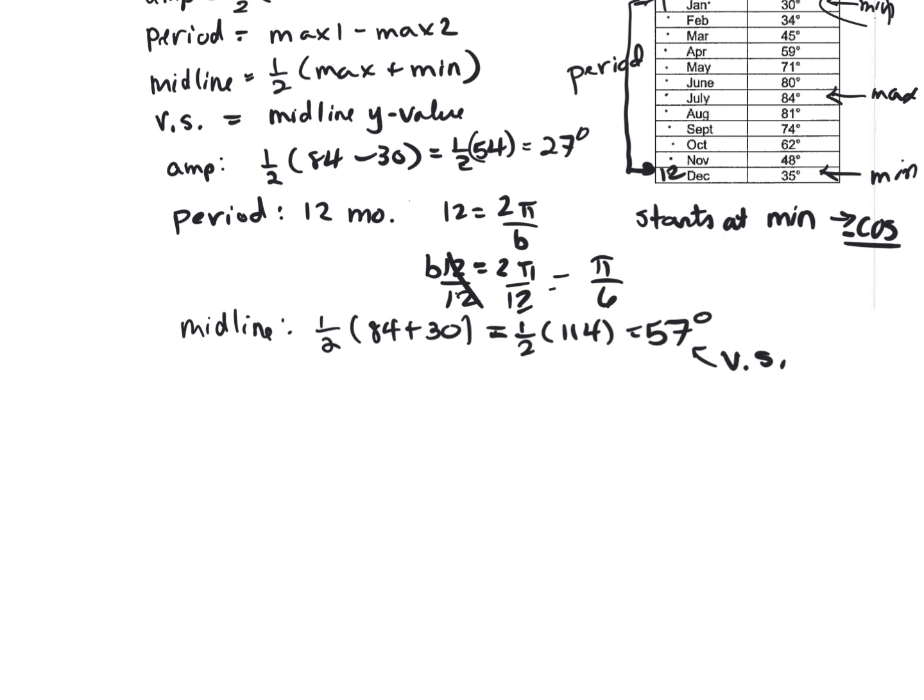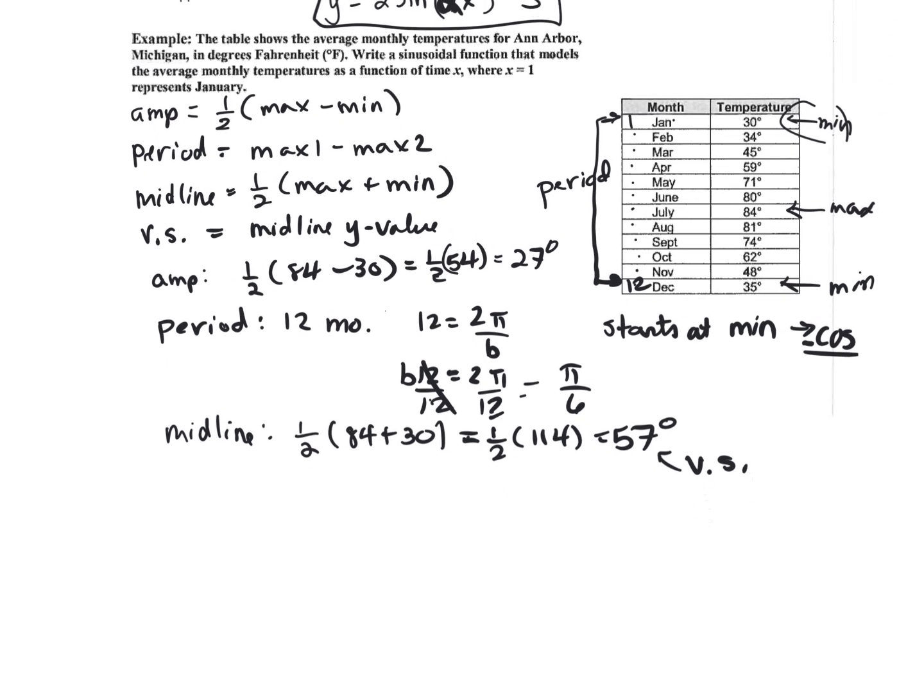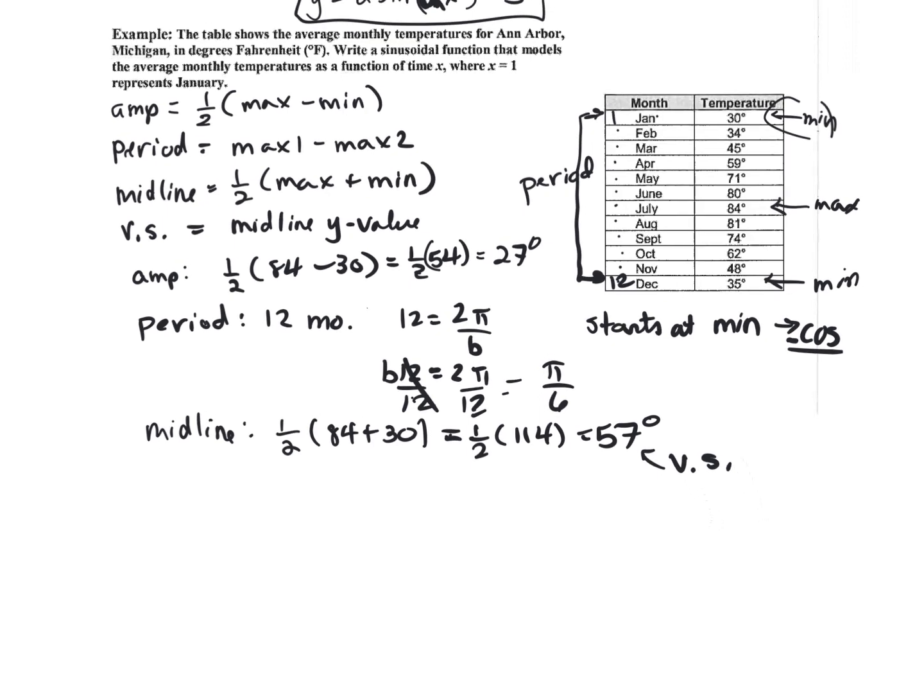Now what we need to figure out is how far it moved until it's at its max. If we consider this a negative cosine, then we don't have to. Then it normally starts at the first place, which means it starts at a minimum. Now, if we want to call this positive cosine, then it normally starts at a max, doesn't it? Well, where is it a max? It's here during month 7.